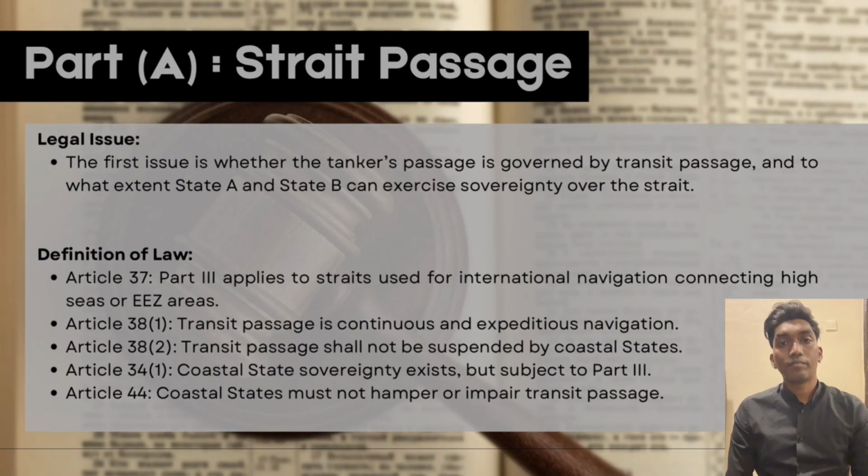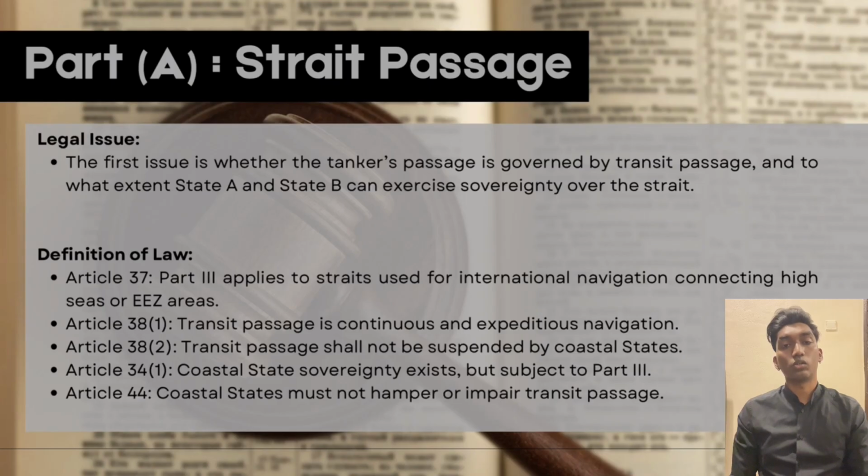For question A, the legal issue is whether the tanker's passage is governed by transit passage and how far State A and State B can exercise sovereignty over the straits. According to Article 37 of UNCLOS, Part 3 applies to straits used for international navigation that connect two parts of the high seas or EEZ. Article 38 explains that transit passage must be continuous and expeditious navigation.